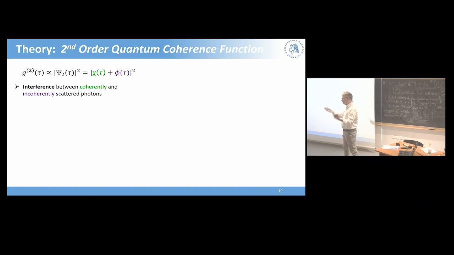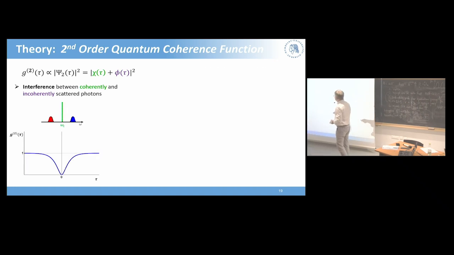And if you take the modulus squared of a superposition, you get interference, right? So it's the interference between the coherently and incoherently scattered photons that leads to this anti-bunching in resonance fluorescence. At least it's one way of seeing it, okay?